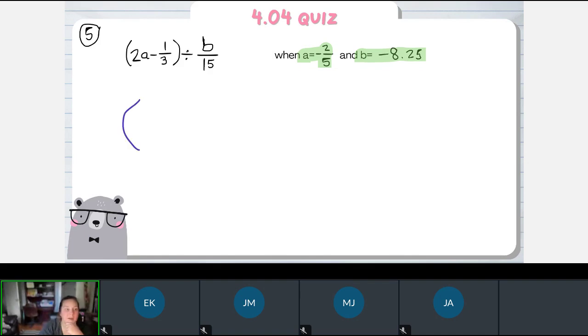So I'm going to open my big bracket and then a smaller bracket for 2a, which is just 2 times a, which is -2/5. Close the bracket, minus 1/3. Close the big bracket, divided by b, which is -8.25 over 15.